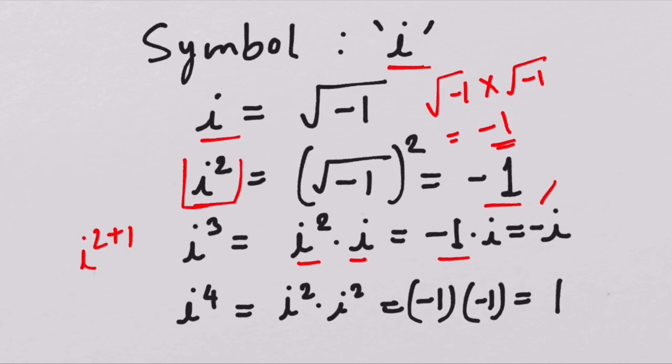And iota to the power 4 is equal to iota square into iota square. Iota square is minus 1, and another iota square is also minus 1. So minus 1 into minus 1 is plus 1. This is a very important result: iota to the power 4 is 1.